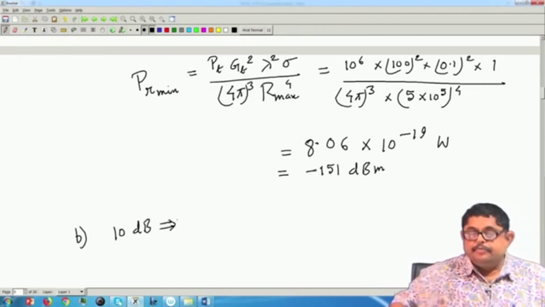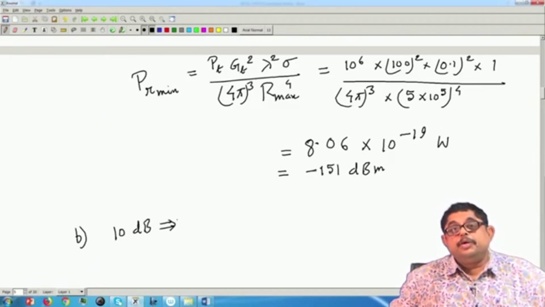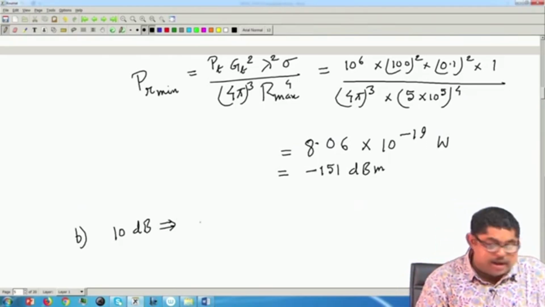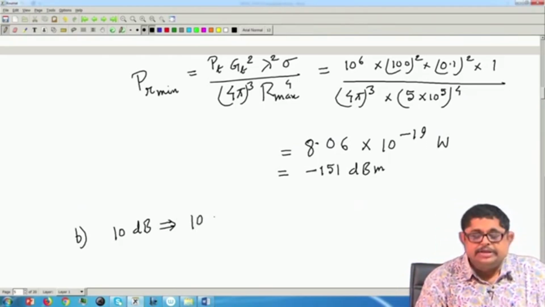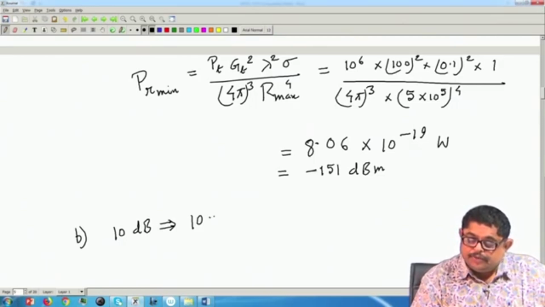Now, SNR improvement will be required. To get 10 dB I will have to have 10 pulses, because n pulses give me an improvement of n dB.